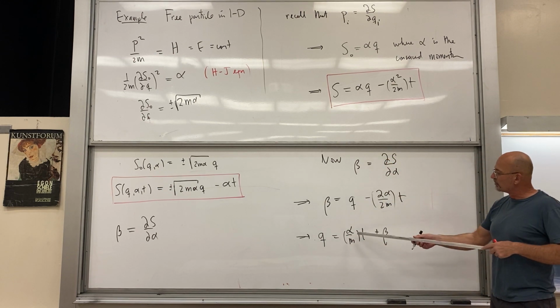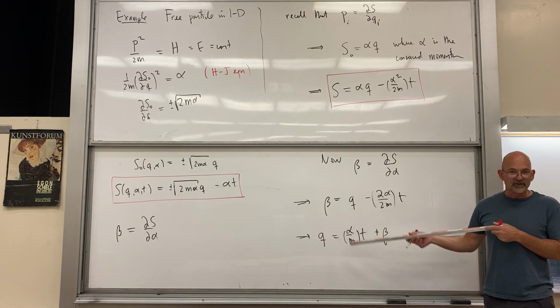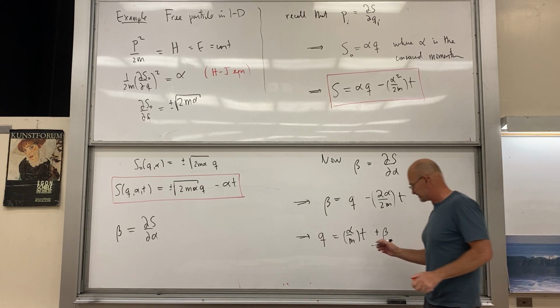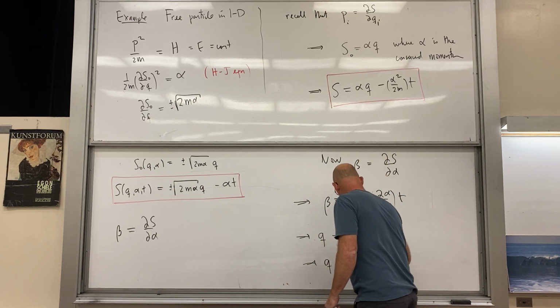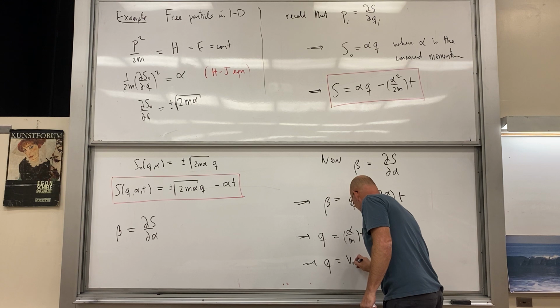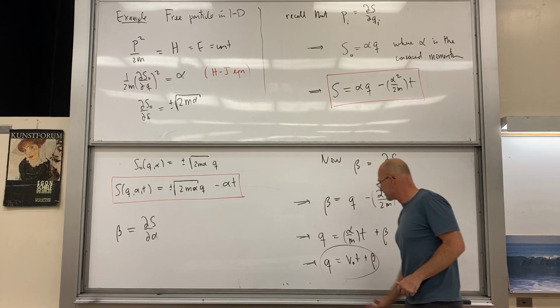Of course, what's alpha over m? Alpha is a momentum, so that's mv over m. That's just v, right? So here we would get q is equal to v naught t plus beta, just as we had before.